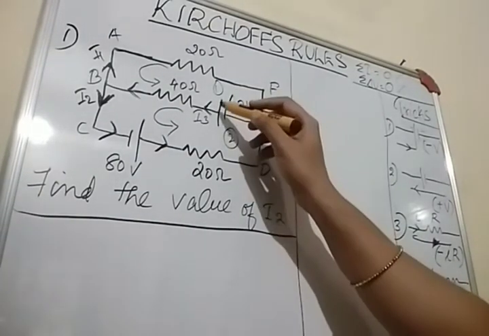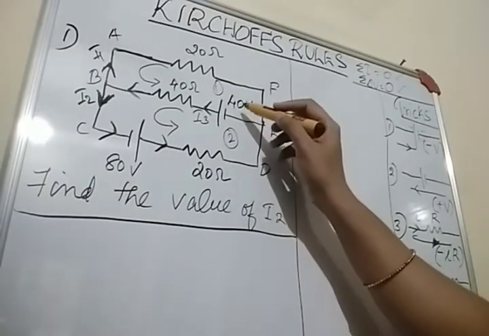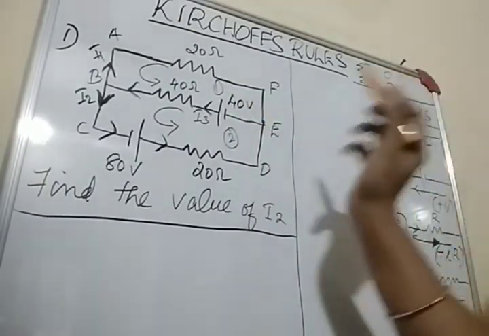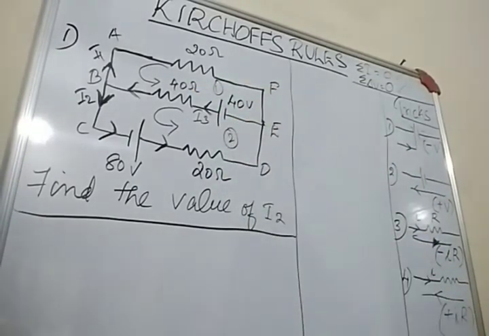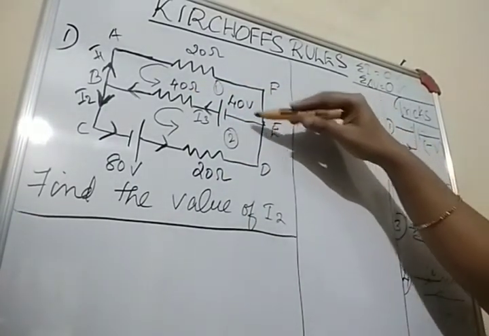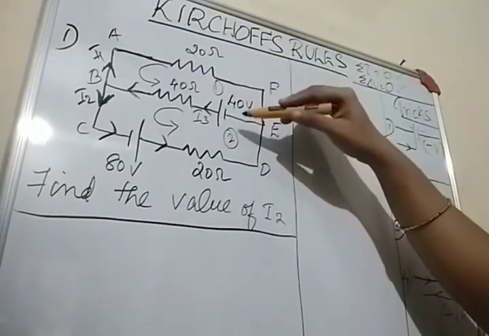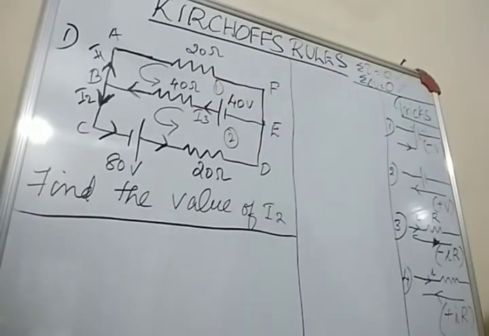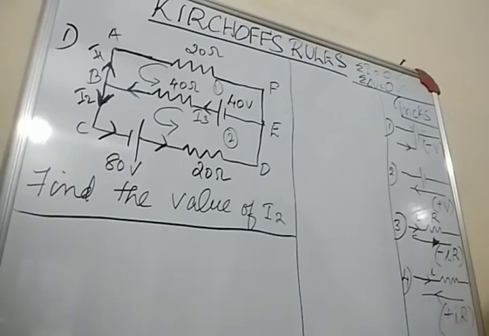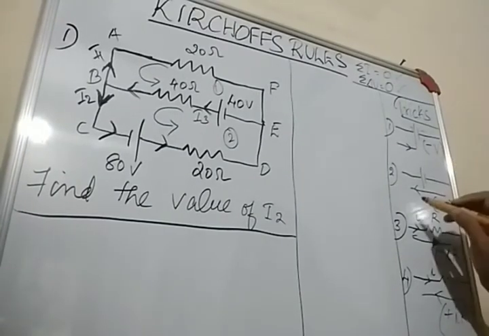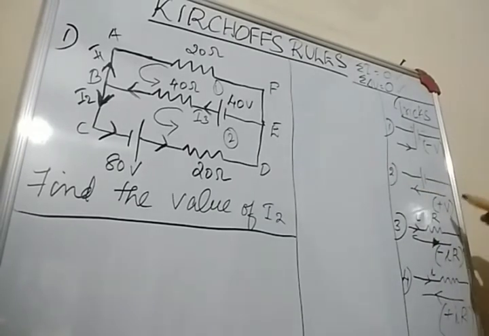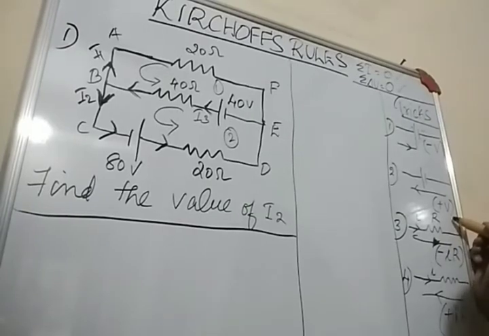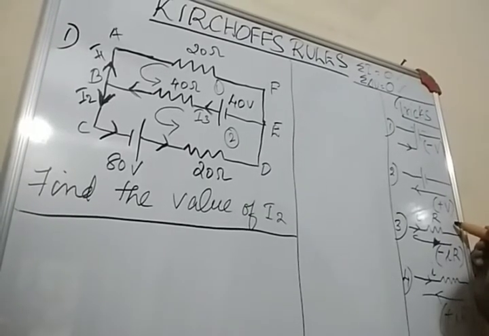So 40 volt is considered as minus 40 volt. But if we are moving through the loop from negative to positive, you consider 40 volt as plus 40 volt. That is the trick: moving from negative to positive, you take the EMF value of that cell as positive.